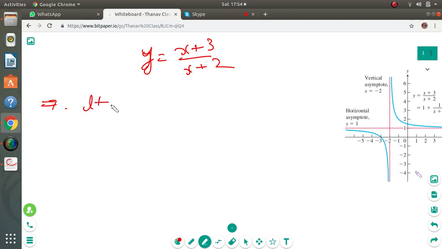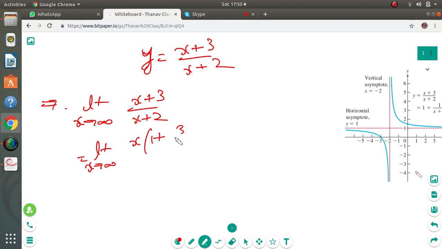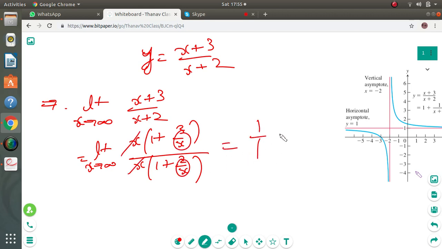Limit x tends to infinity of x plus 3 by x plus 2. Taking x common, we have 1 plus 3 by x over 1 plus 2 by x. The 3 by x and 2 by x terms go to 0, so it is 1 by 1, which is 1. So we get y equal to 1 as the horizontal asymptote.